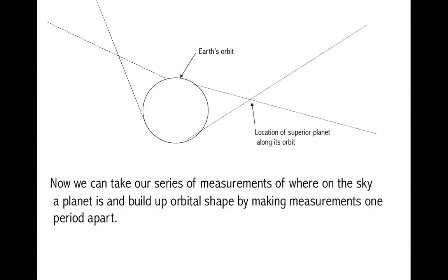Now, what we can do is take this whole series of observations and draw lines from where the Earth is to the distant stars at the same time in the planet's orbit. So when the planet is back at the same place as it was, because it's one sidereal period later.